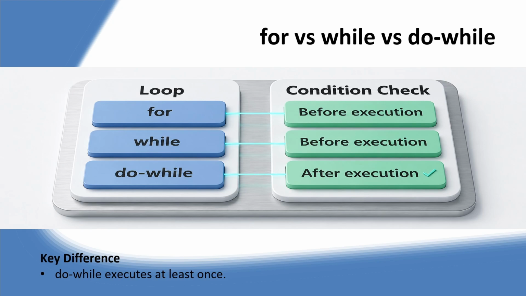Whereas in do while loop, the condition checking happens after execution of the body of the loop. So the key difference is do while executes at least once, even if the condition is false.